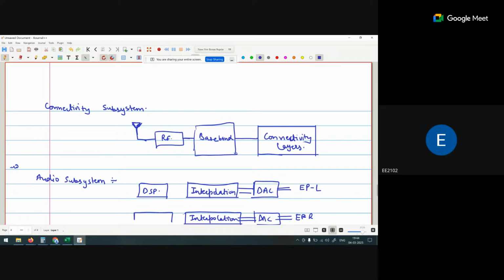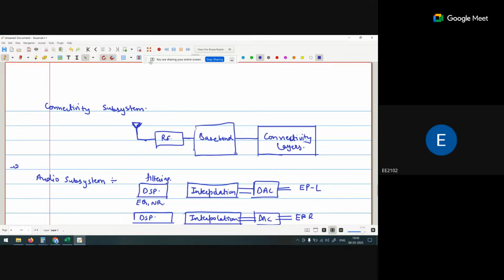And then the DSP. In the DSP, we have an equalizer, noise reduction, and then filtering. Generally, less filtering is required, but the equalizer and noise cancellation are very important.